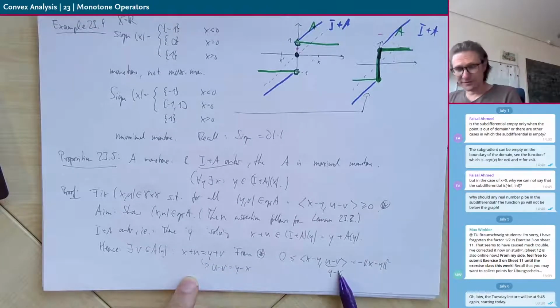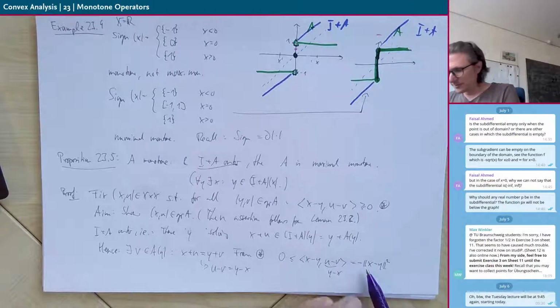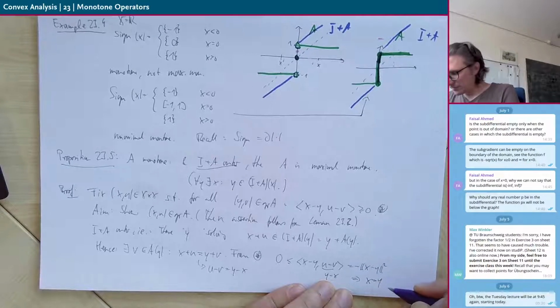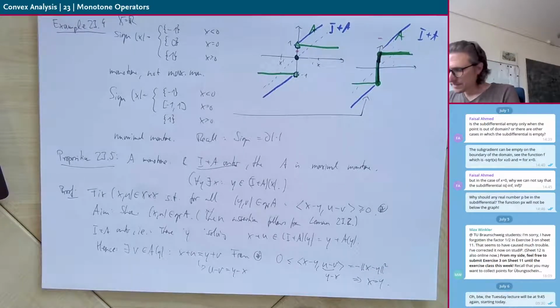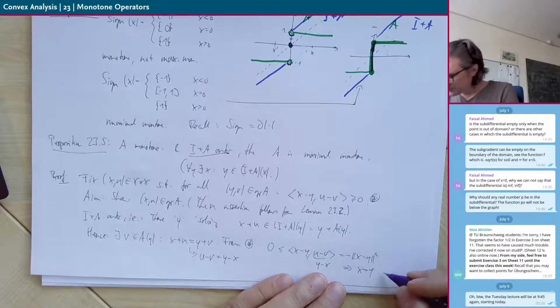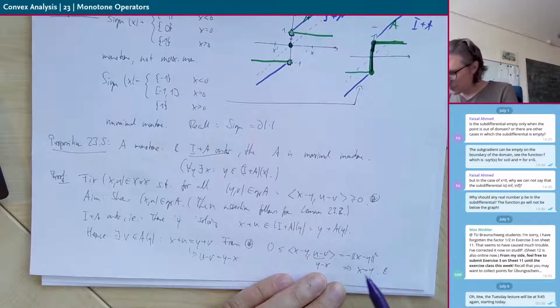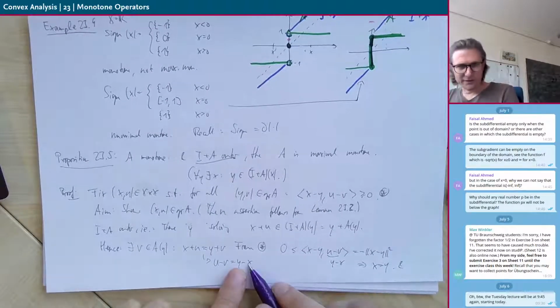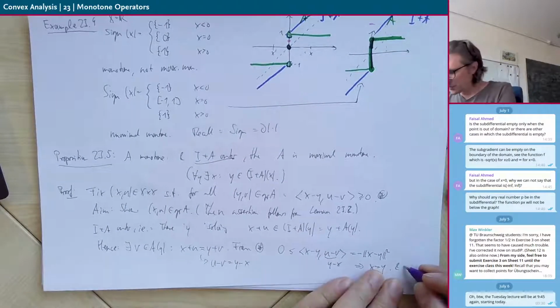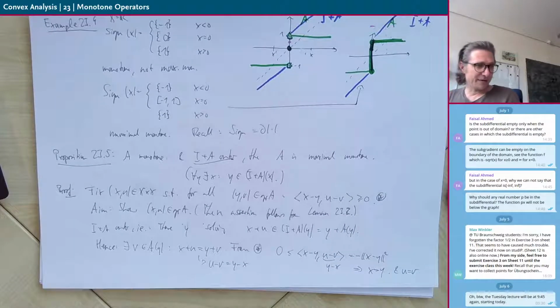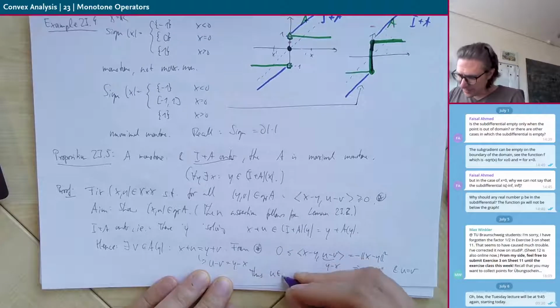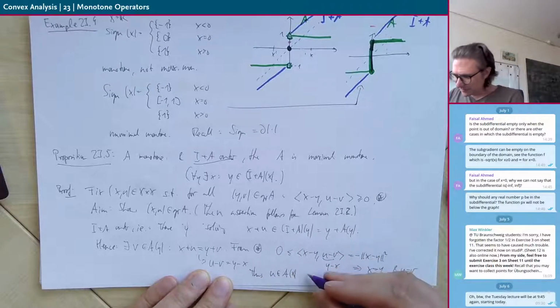So you get it with the sign the other way around, and you get a negative norm, but this is non-negative. This shows you that x has to be equal to y. And also if x equals y, then x minus y is 0, so u minus v is also 0, and u is equal to v as well. And thus you get u is in A of x as claimed.